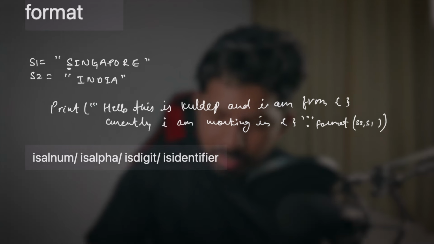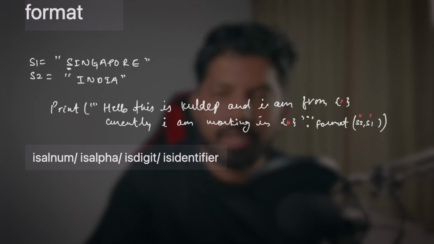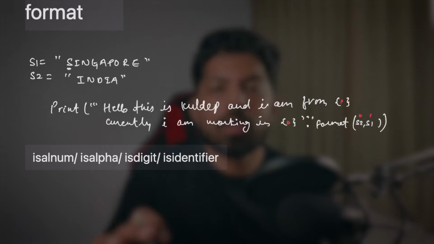And here also you can mention the index number. If you mention 1 and here 0, what will happen? We know that S2 is 0 and S1 is 1. So it will be printed as: hello, this is Kuldeep and I am from S1, which is Singapore, and currently I'm working in India. Okay, so we can say order matters here.